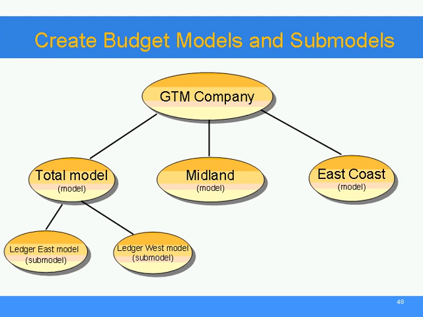So first of all, if you want to use budget functionality, you need to create models. For example, GPM company has 3 budget models: total model, Midland, and East Coast. And total model has 2 submodels: ledger East model and ledger West model.